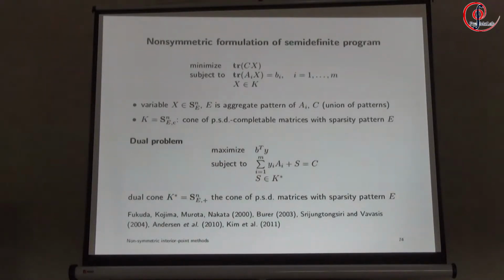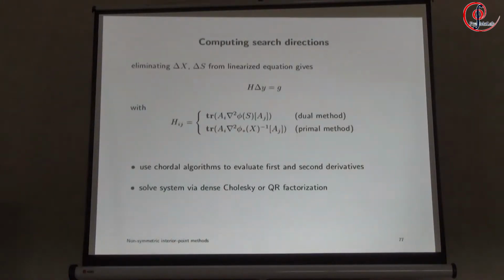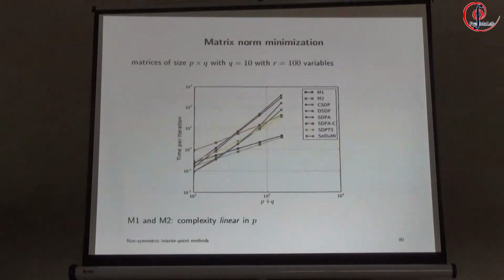And by doing this, you can reduce the dimension of the space that you're optimizing in and save in part of the computation in the interior point method, because you can construct the Hessian of the barrier functions fast. But at the end, you still have to solve a dense linear system, and that's still the same as in other methods.